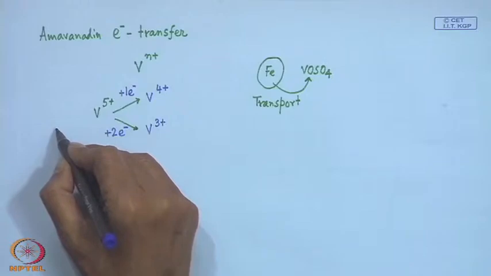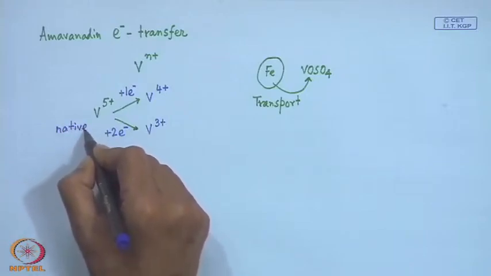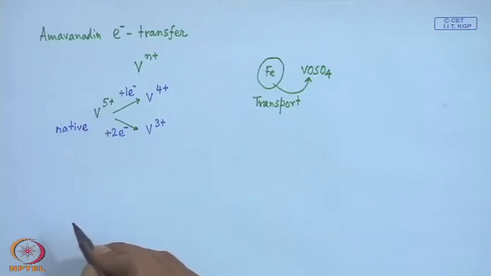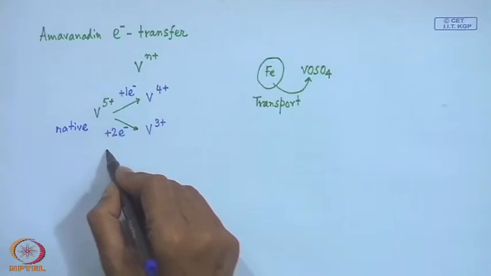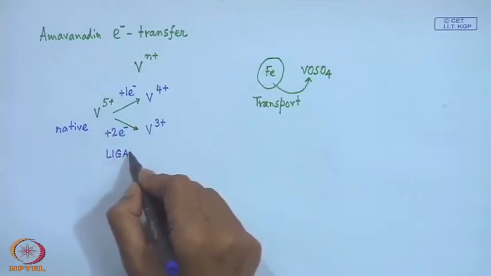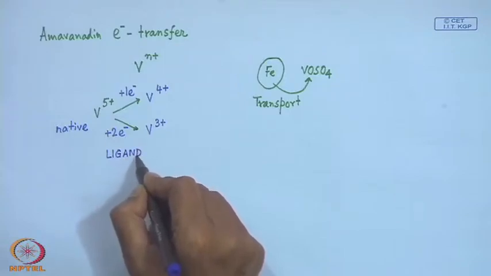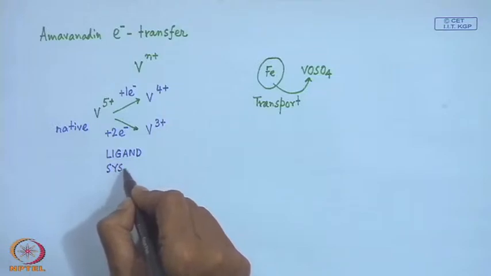So, this is the native metal ion which is directly available from the seawater by the ligand system. So, you have the ligand system, the siderophore type ligand system.